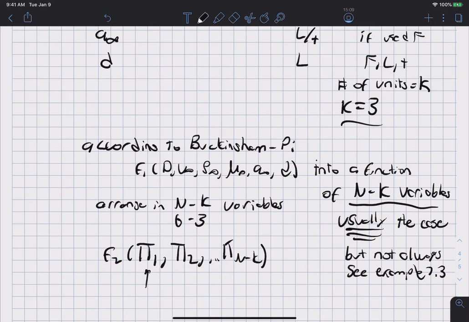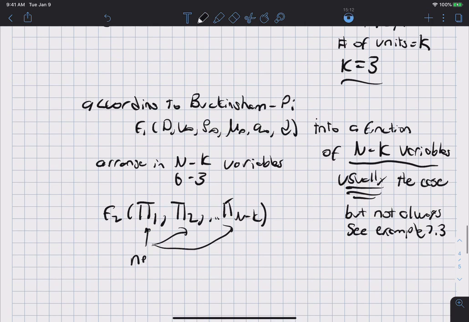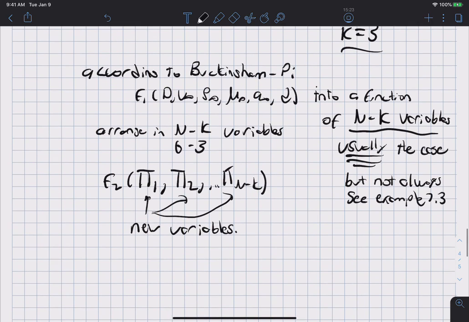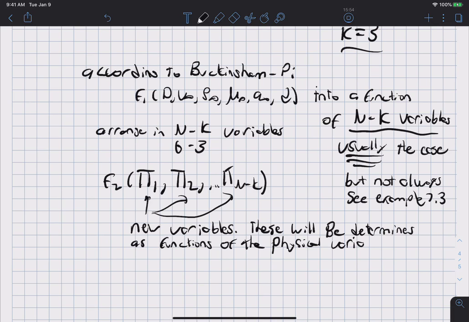These pi terms are the new variables, and these will be determined as functions of the physical variables.